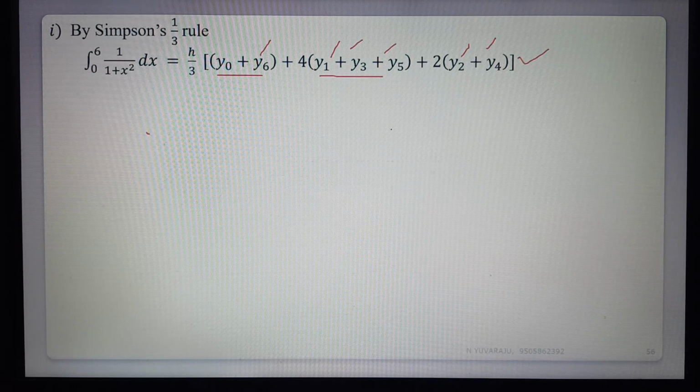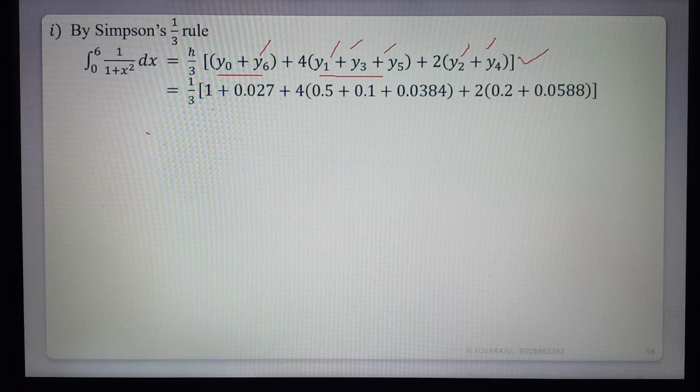Substituting all the y values, with h equal to 1, we get after simplification 1.366. This is the approximate value of the given integral by Simpson's 1 by 3 rule.